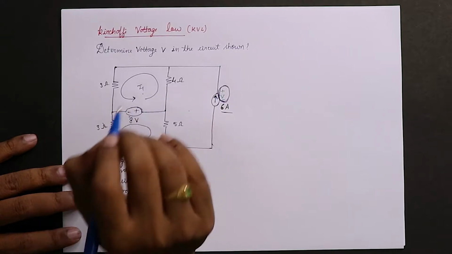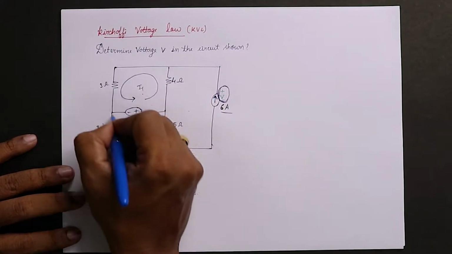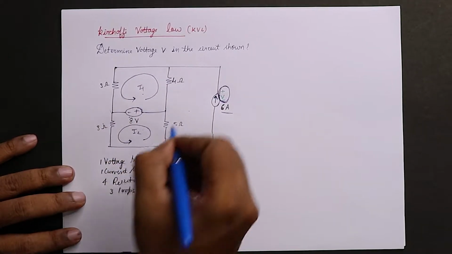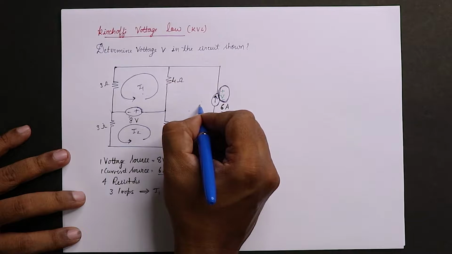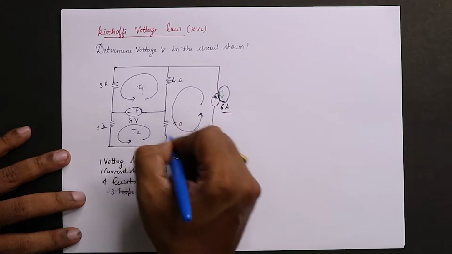This loop I1, which I have taken from plus to minus, is the loop direction, and I am taking the same loop direction for all the other loops.